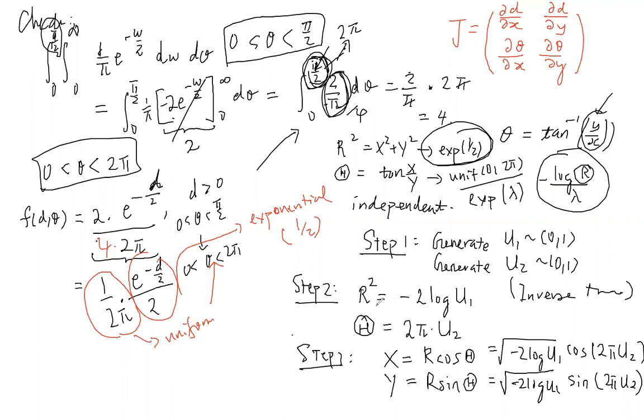Okay, so that's one point to take note. But of course, this method also may actually be slowed down by this operation, right? When you take cosine and sine, right? So these operations require some kind of computation, okay?